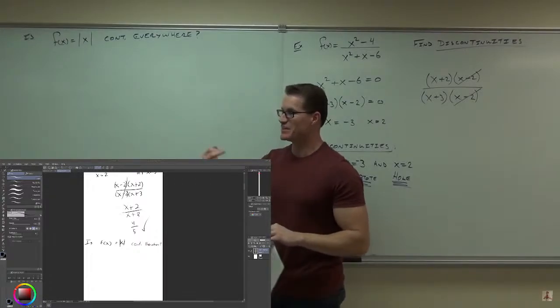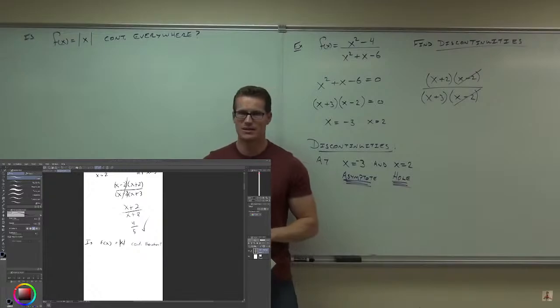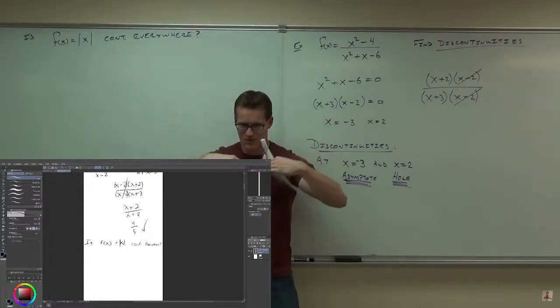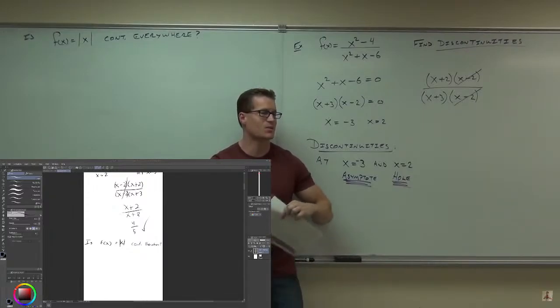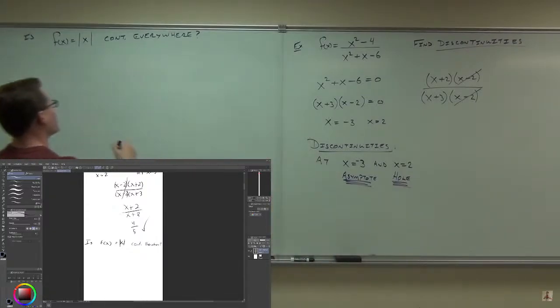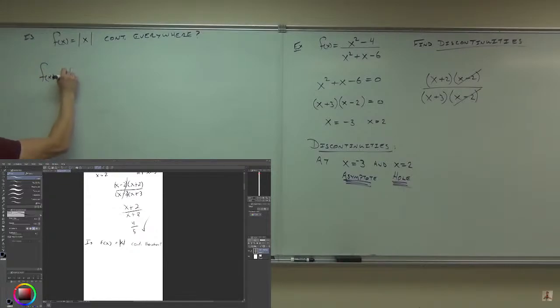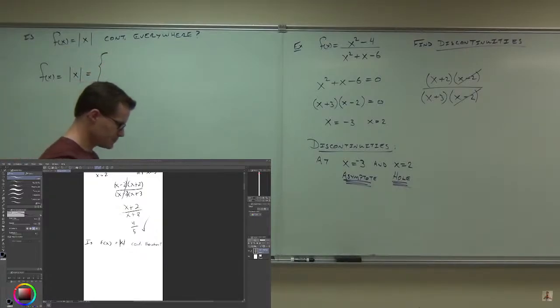What we want to prove is that the limit exists at every point, that the limit equals the function value at every point, and that even at that weird place where it comes together, that exists. So here's how we're going to define it. We're going to define absolute value of x in an interesting way. You already know this one.